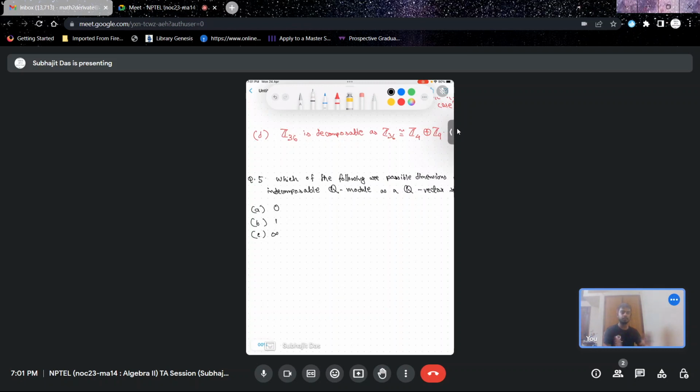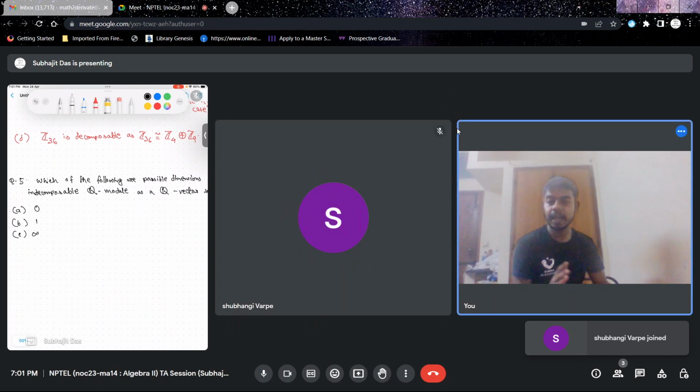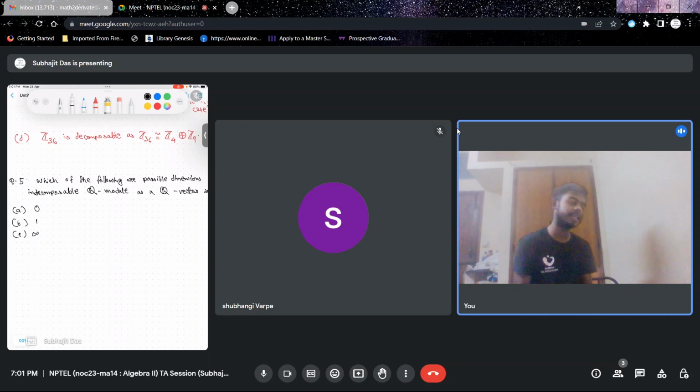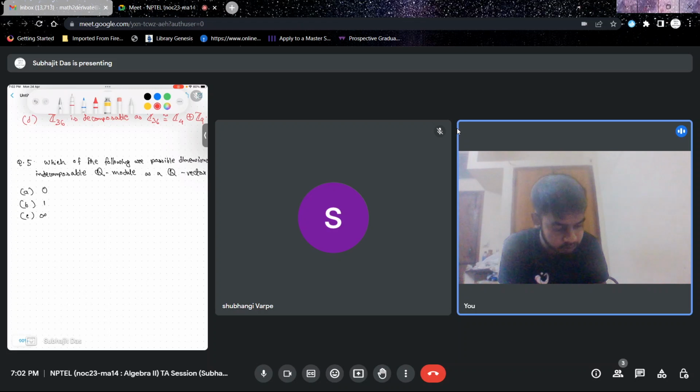But once you have a basis with more than one element, you can split that basis into two non-empty sets. One set contains a single element and the other set contains the rest of the elements, right? And you can just take the span of the single element and the span of the rest of the basis elements. You get two different non-zero subspaces. So the only possibility here is option B.